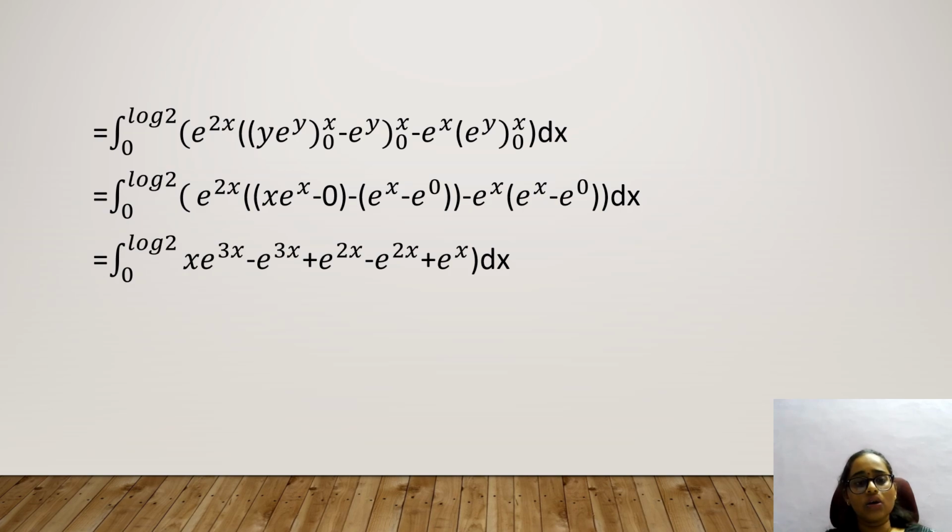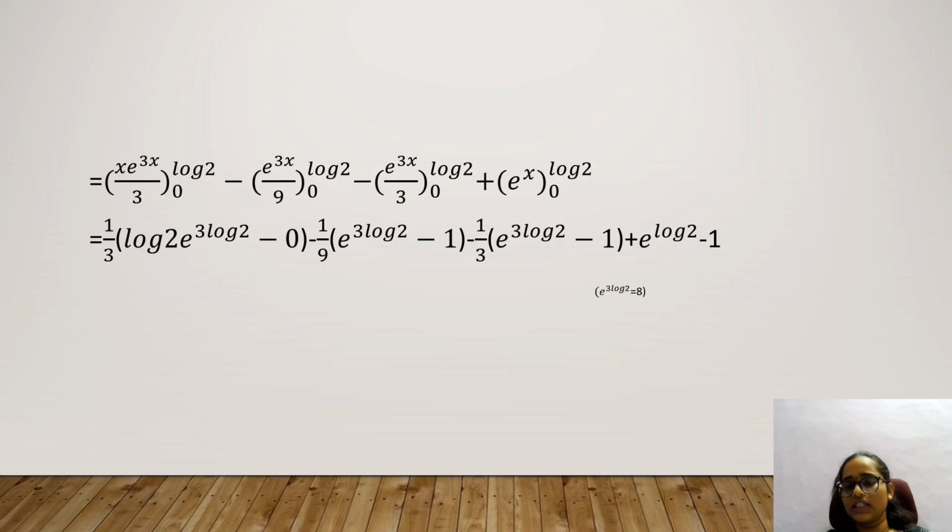And next e to the power 2x into x e to the power x can be written as x e to the power 3x, minus e to the power x into e to the power 2x, which can be written as e to the power 3x, and e to the power x into e to the power x can be written as e to the power 2x, and e to the power x and e to the power 0 can be written as 1 and 1.